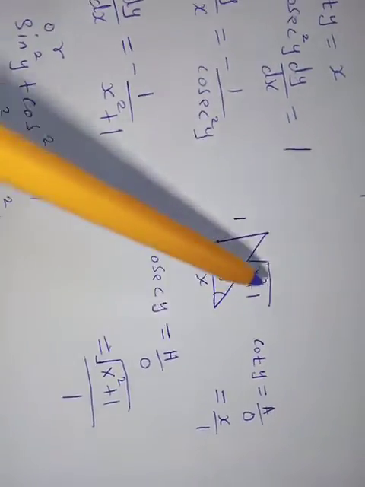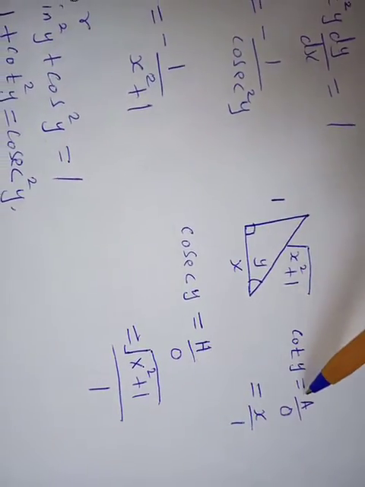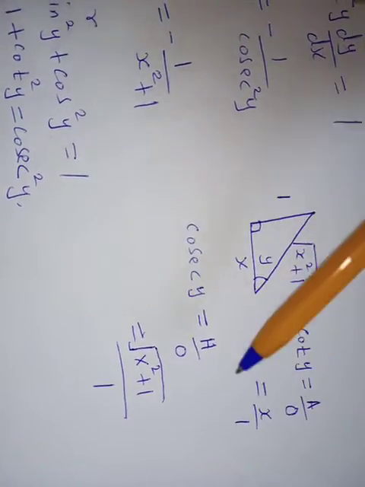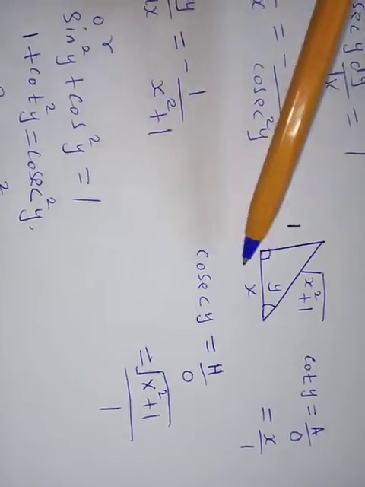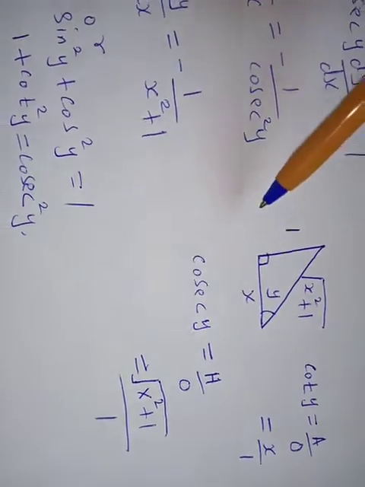Then using this right-angled triangle, we know cot y is given by adjacent over opposite. Adjacent is x, opposite is 1. By Pythagoras theorem, the hypotenuse is the square root of x squared plus 1.